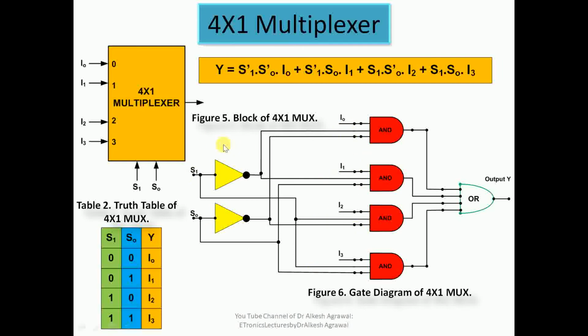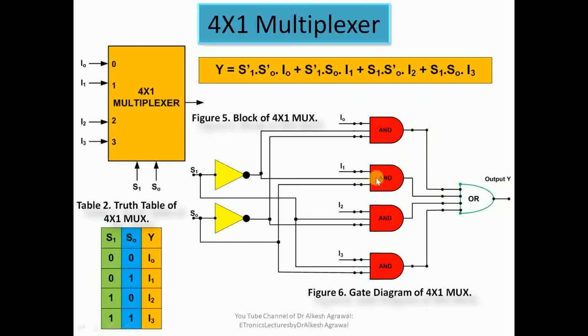The selection inputs decide which gate will be activated, and the rest of the gates are deactivated. So when S0 is 0 and S1 is 0, the inverter outputs are 1, this gate is activated, and through the OR gate what we get is I0.